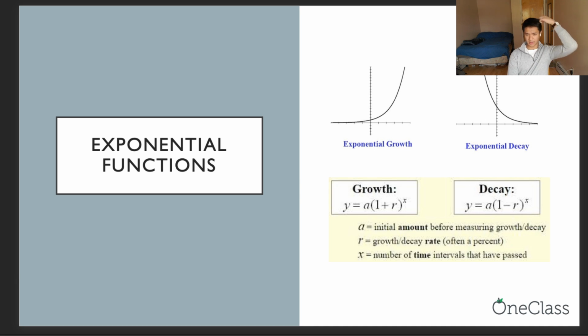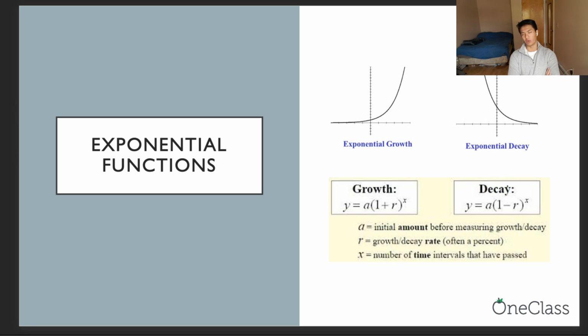And so this is really easy to understand in terms of the general equation for exponential functions. You're going to have y equals a times 1 plus r to the power of x for growth, and for decay you're going to have y equals a times 1 minus r to the power of x. And again, the main difference, as we can observe from these equations, is simply whether or not r is positive or negative.